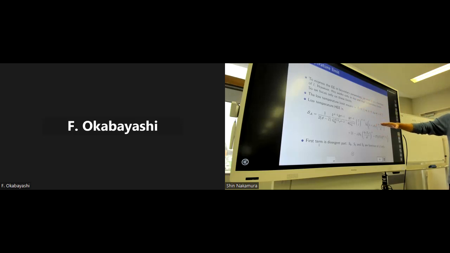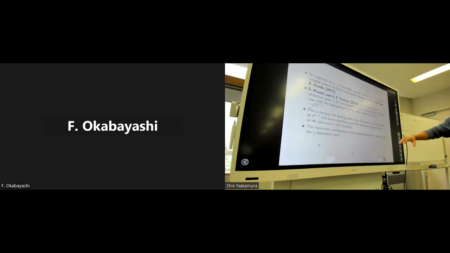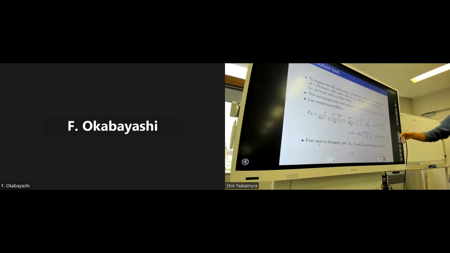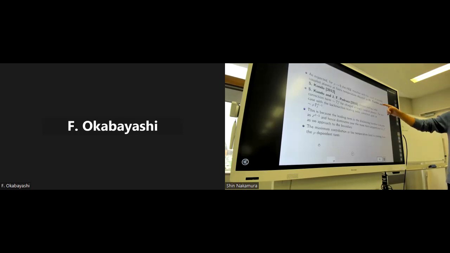This will show an increasing behavior with rho. If you remove all the strings, that means you take the rho goes to zero limit, and in that limit this result will exactly reproduce the previous results obtained by Kundu and Pedraza.